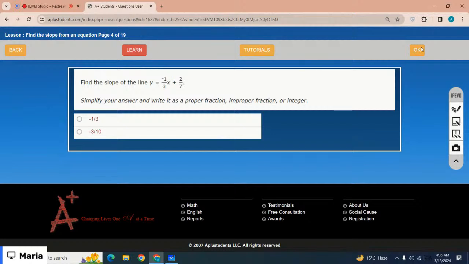So the correct option is, yes, negative 1 over 3 is the slope. Very good. The correct option is negative 1 over 3.